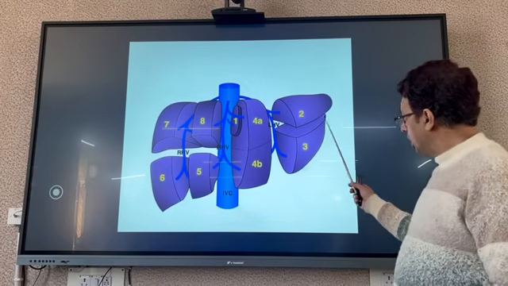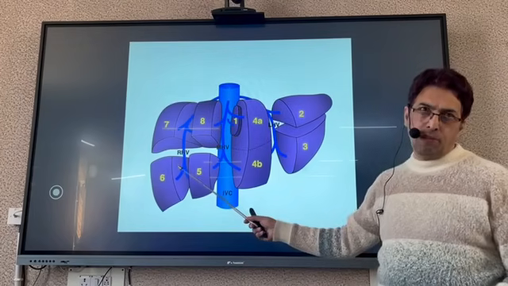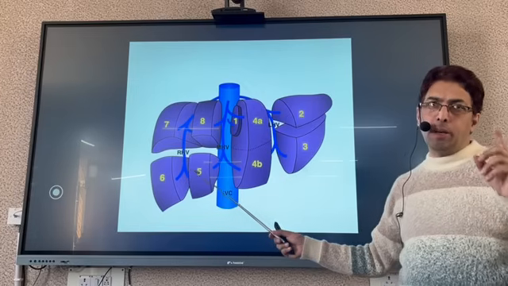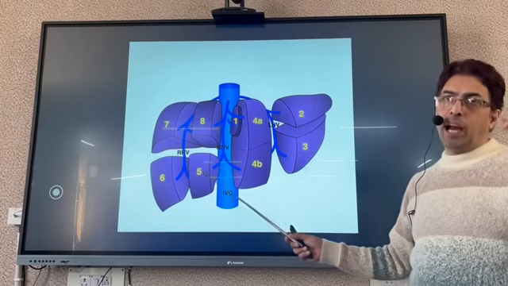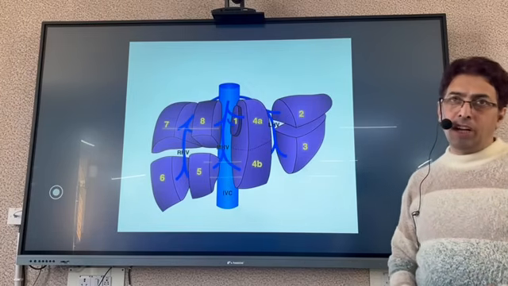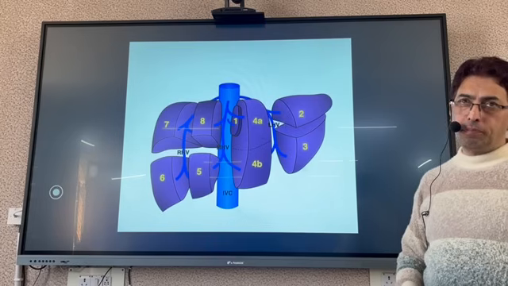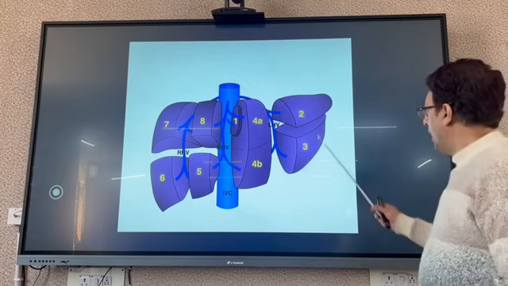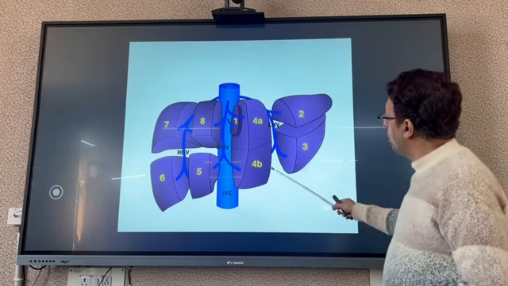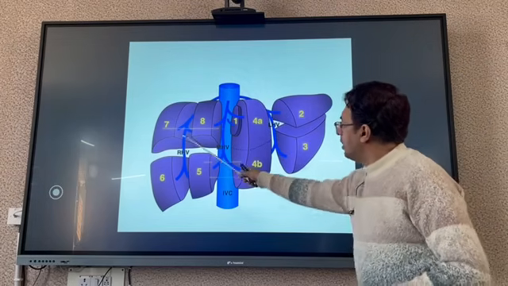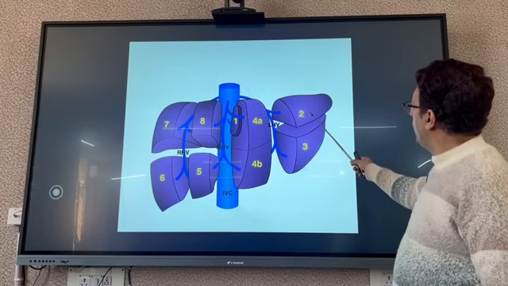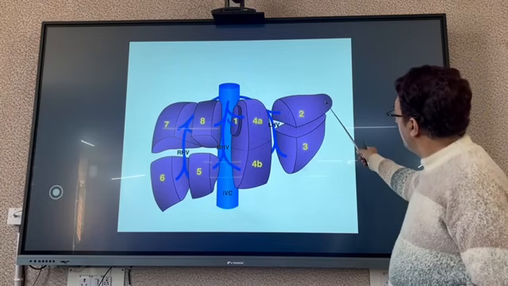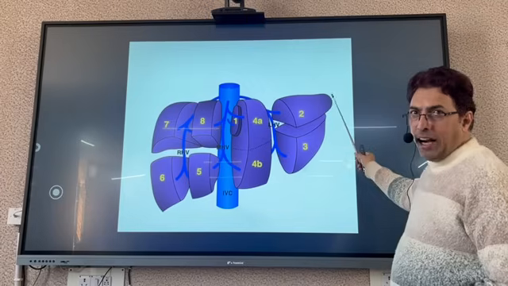And over here, you can see this is the anterior surface. So Couinaud segmentation of the liver is a 3-dimensional concept in which the liver is divided into multiple segments. And you can see anteriorly 2, 3, 4A, 4B, 5, 6, 7, 8. Now this would be the upper left lobe.